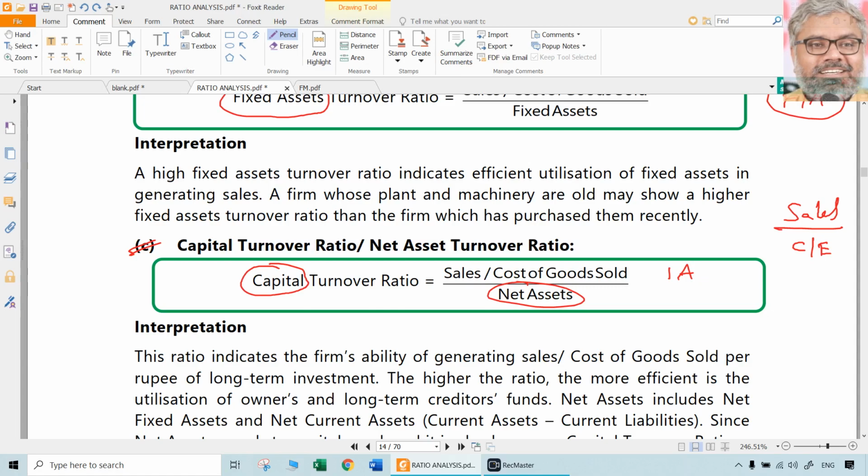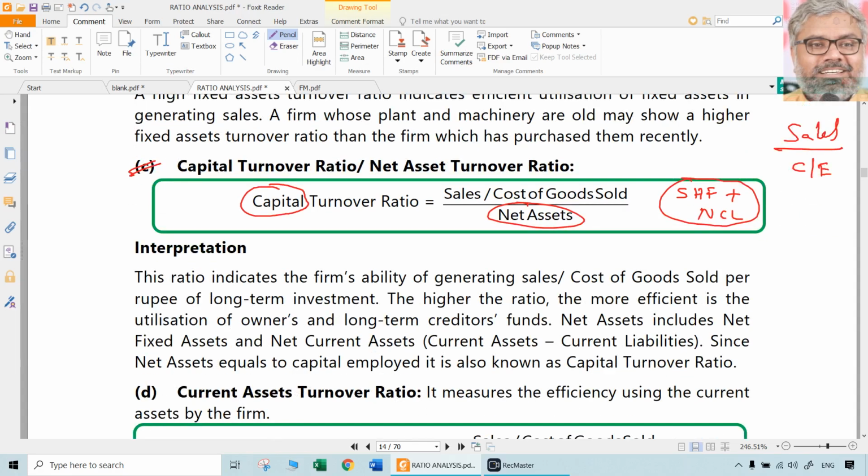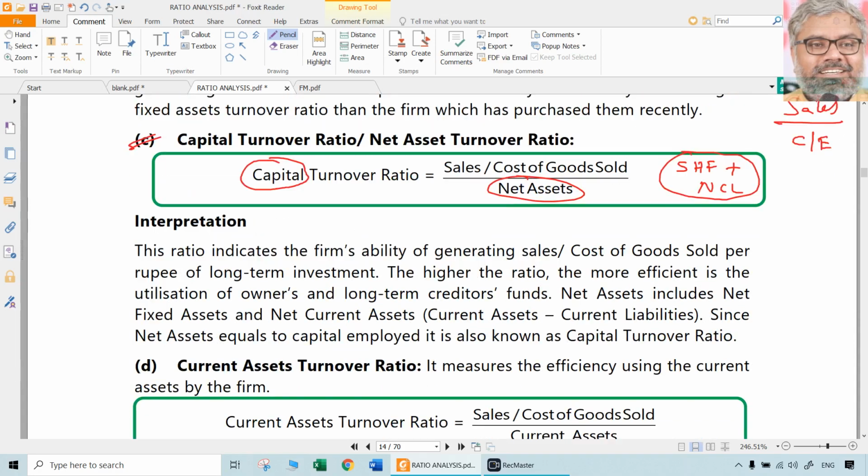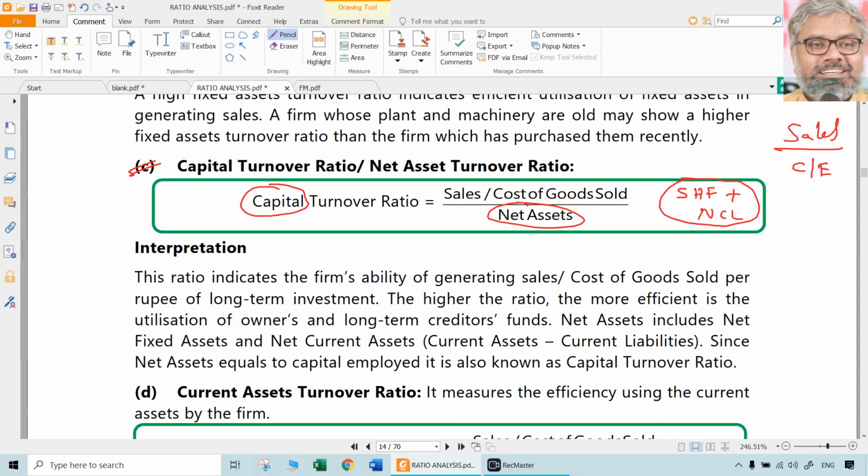So in other words, for capital employed, better way, what we can call it as shareholders funds plus non-current liabilities. That is the best way of looking at capital employed. So that is the capital turnover ratio. Of course, here inclusive of the long-term loans and long-term borrowings that the company has taken in the denominator.